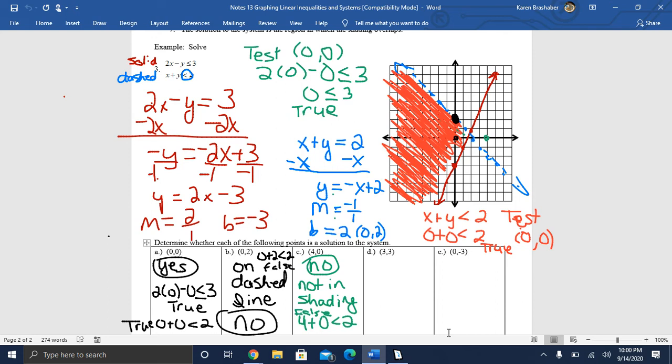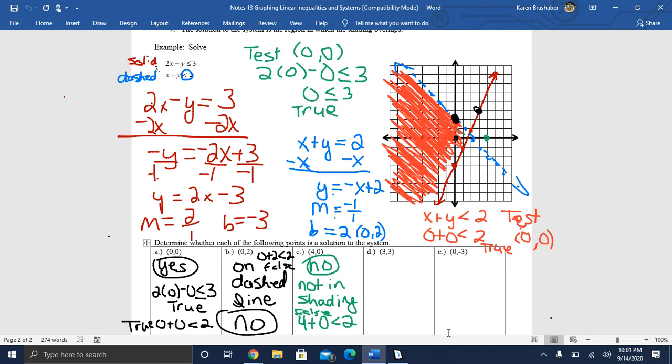Okay, we can move on to 3, 3. So the ordered pair 3, 3. Find where the x is a 3 and the y is a 3. And it's on the solid line, but being on the solid line and not in the shaded area makes that one not a solution.